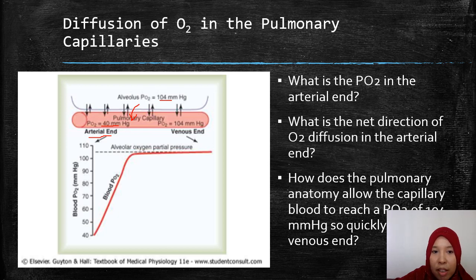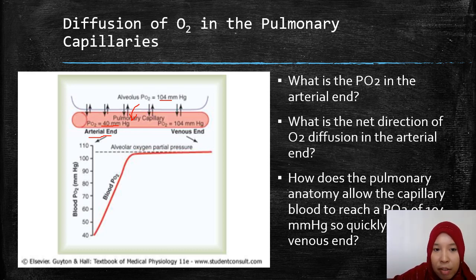Only when there is equivalent concentration of oxygen in the blood and in the lung will there be no more net movement. Actually in reality there will still be movement, but it will be the same. If 2 molecules of oxygen move in, there will be 2 molecules of oxygen moving out. Hence the net movement will come to 0.